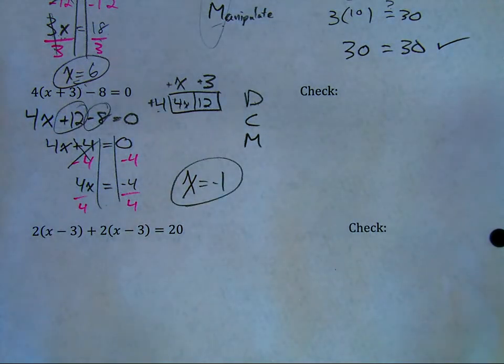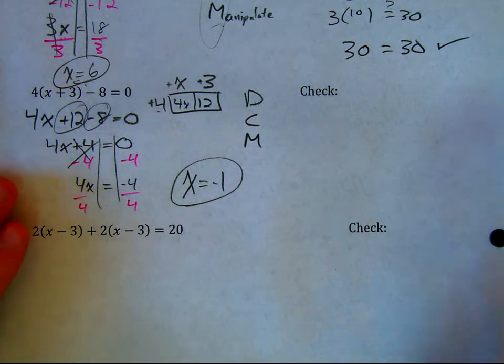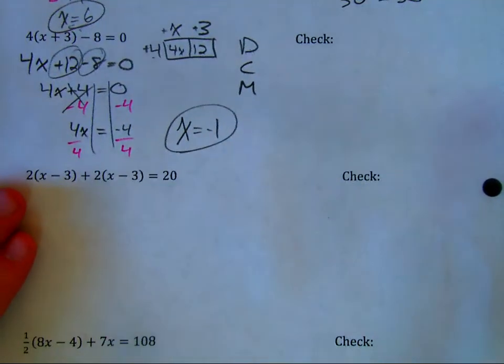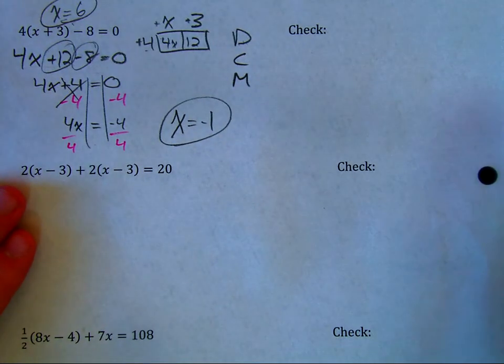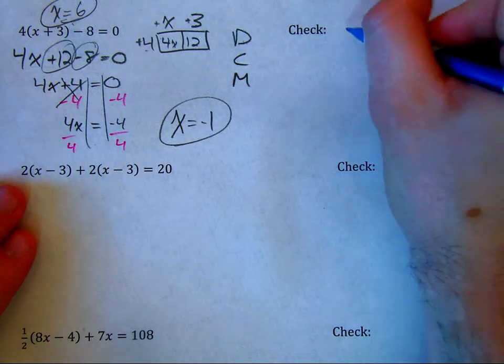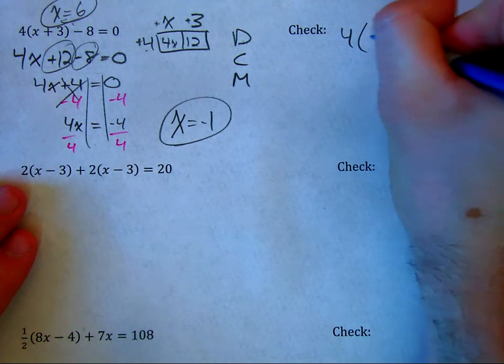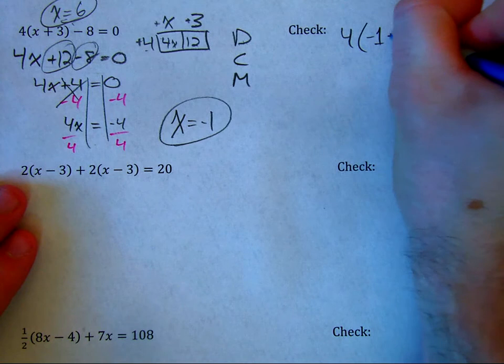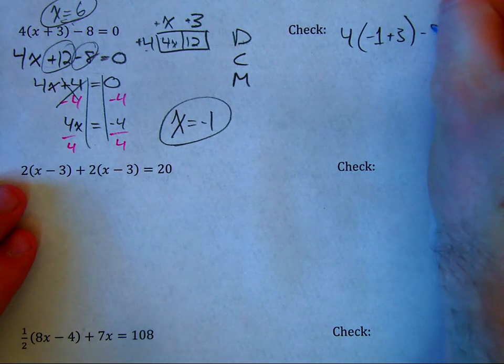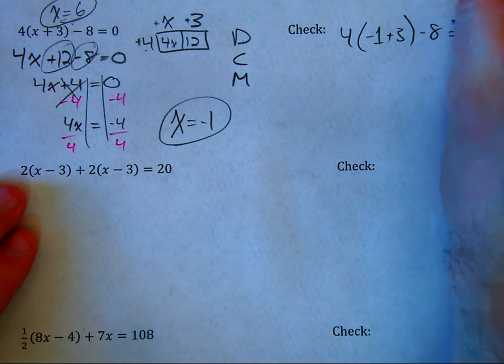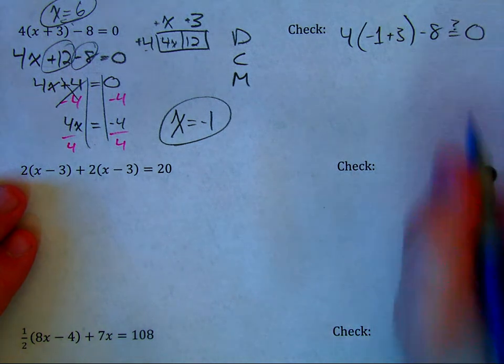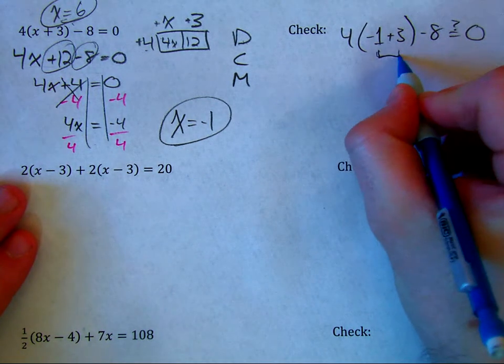Again, to check, you're just plugging it into your original equation. So I'm going to say 4 times quantity negative 1 plus 3 minus 8. We're saying, does that equal 0? Now when you're doing the check, you just follow your order of operations.